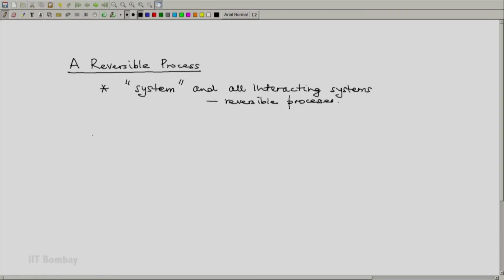Well then the whole process is not reversible, because history has not been erased. So all systems involved must be executing reversible processes, and that means that a reversible process can only be executed, if at all, in an isolated system, because such a system does not interact with other systems.